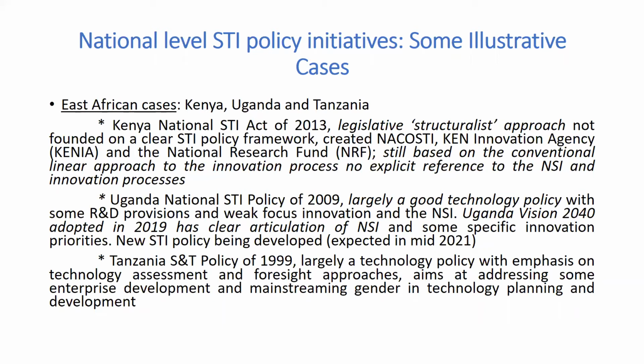So you have what one would call a policy instrument, but there's no policy. And it's a very peculiar one, where between 1998, at least, and 2013, various actors have been designing STI policy.